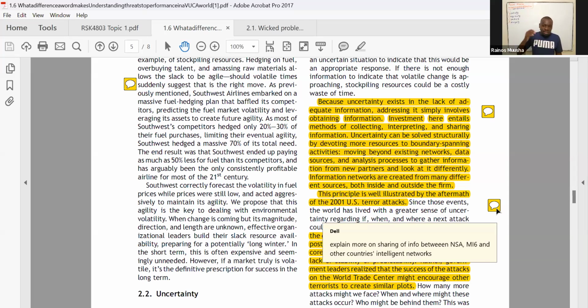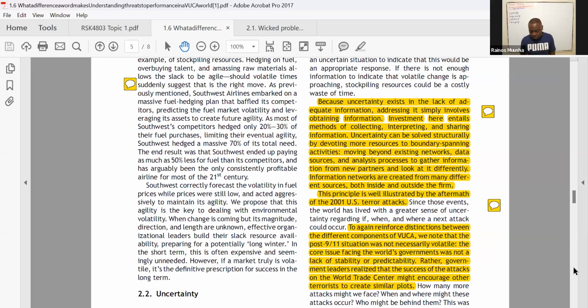For example, the NSA combining with the MI6, which is the British one, and other countries, like Israel and the French intelligence as well, just to gather as much information as possible. Because the more information you gather, the more you're able to understand exactly what really are the activities of the potential terrorist cells within your countries as well.